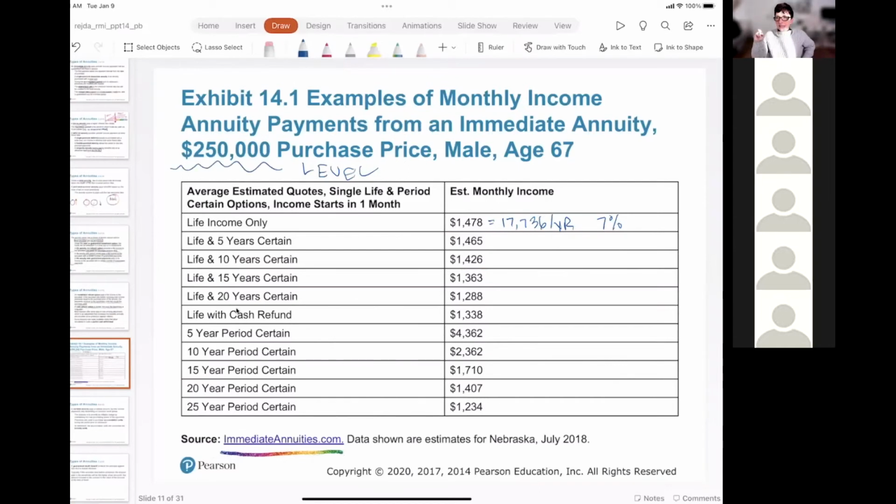That $250,000 purchase price in the state of Wisconsin, I think the new guarantee amount that the state guarantee fund will cover is $300,000.